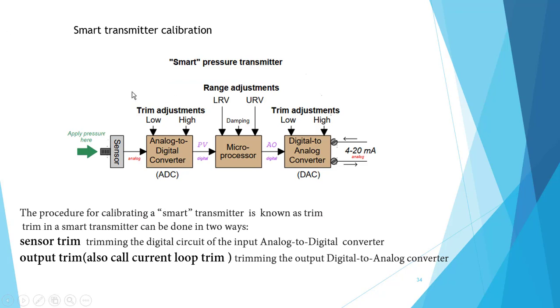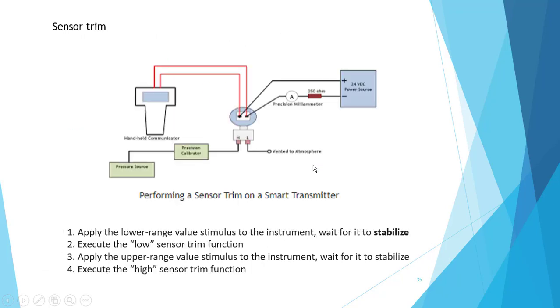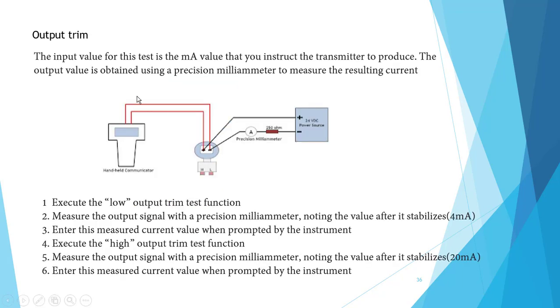First we do sensor trim. After that we do output trim, which is a current loop trim. Then we do the range here. Output trim: the input value for this test is n/a. Just make sure the 4 to 20 mA output is working.